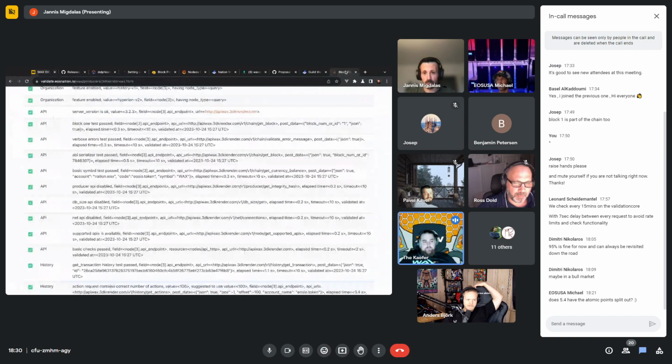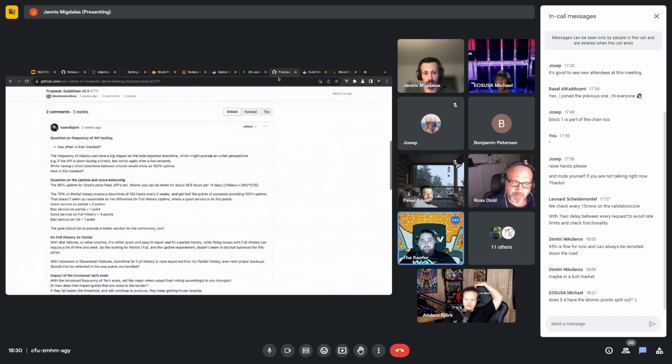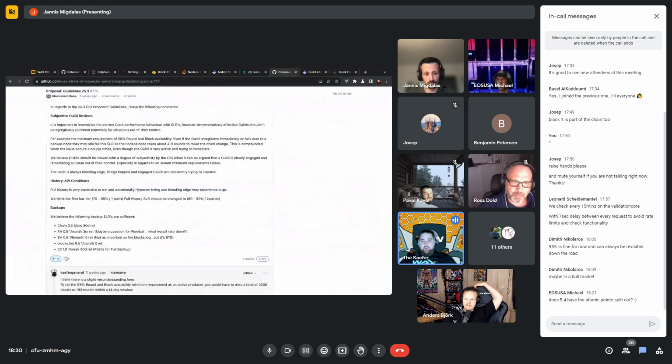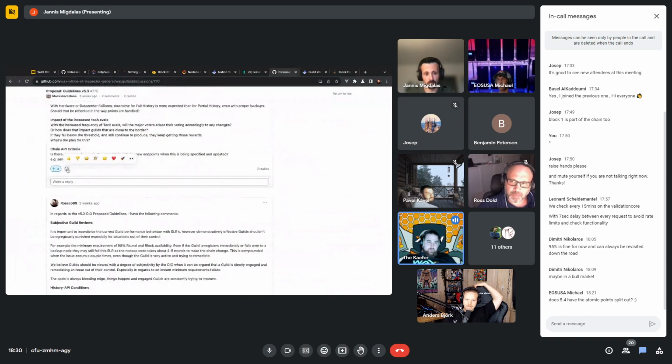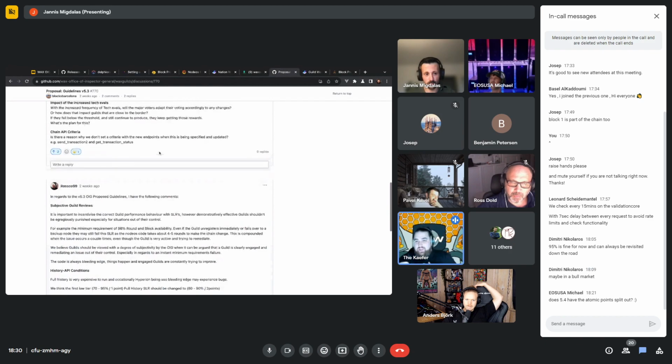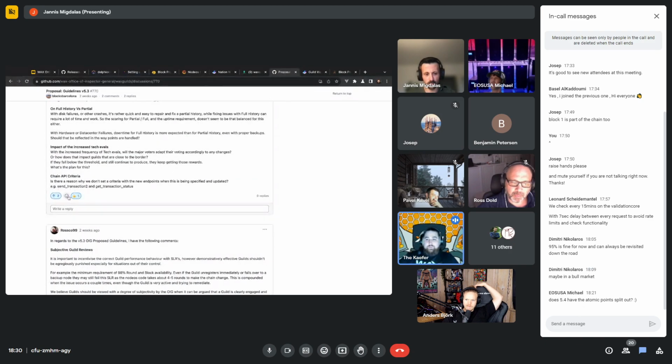One thing to add to the feedback. What we saw with 5.3 is that we got not as much feedback as we would have hoped, and a lot of the feedback we got, either through Telegram or on GitHub, was not actually related to the changes from 5.3, but was general feedback that pertained to the guidelines as they have been for the better part of the last couple of years.